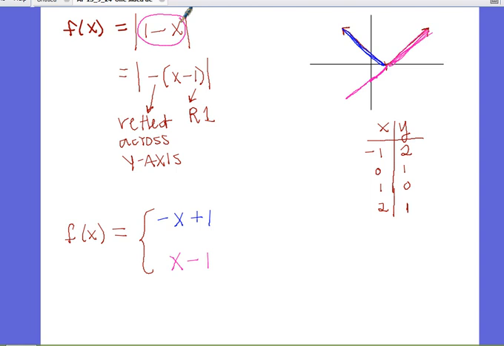That's the blue equation. The other equation is the opposite of what's inside of the absolute value. And so what you see is the pink. Meaning, again, one more time, one of your equations will be exactly what you see, 1 minus x. The other equation will be the opposite of 1 minus x, because that's what's inside of the absolute value.